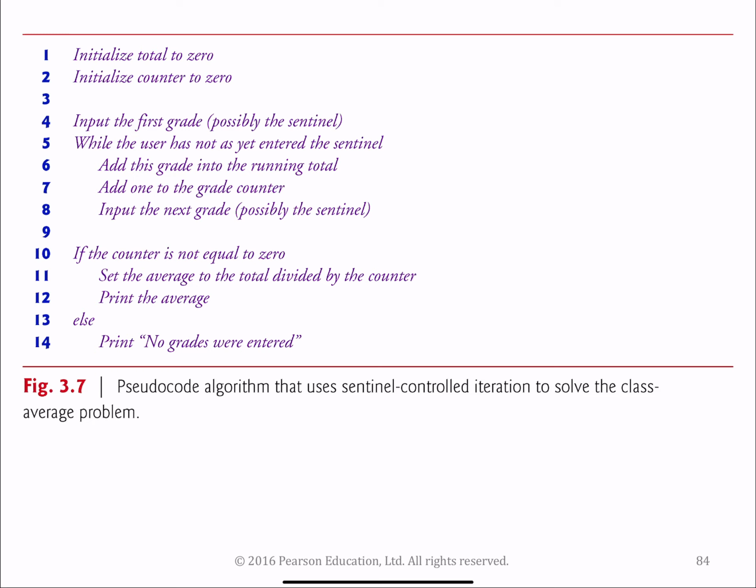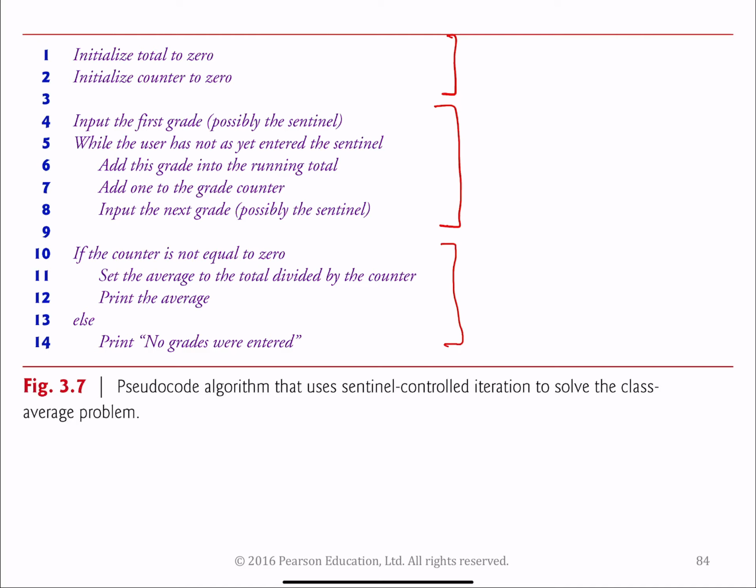Okay, this is what those different pieces of pseudocode that we just came up with look like put together. This is the initialization part. This is receiving input, computing the sum, and checking if the value is not the sentinel value, and finally checking if the number of grades entered, or the value of the counter, is not 0.